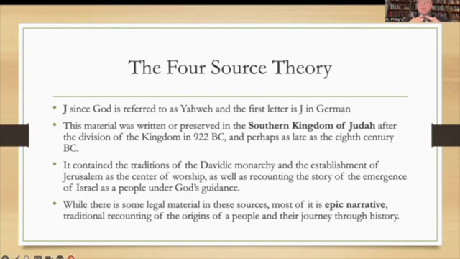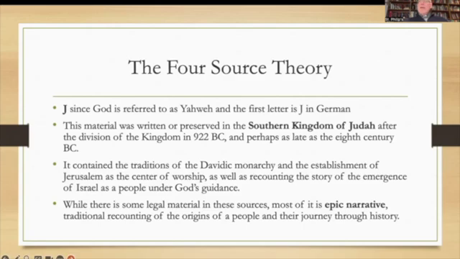So this is someone who is really trying to pass on the learnings, the wisdom, and the point of view of the Davidic monarchy and the establishment of Jerusalem as the center of worship, the temple being the place where worship was supposed to be held, as well as recounting the ancient history of the people of Israel as a people under God's guidance.